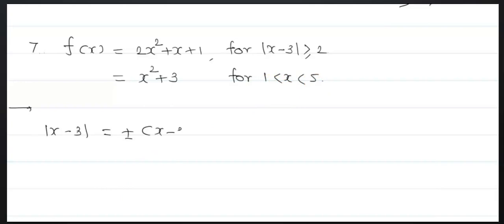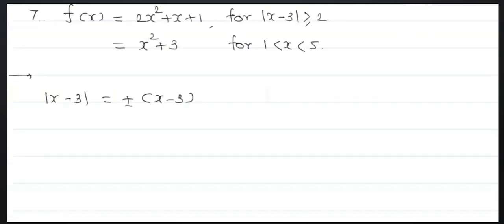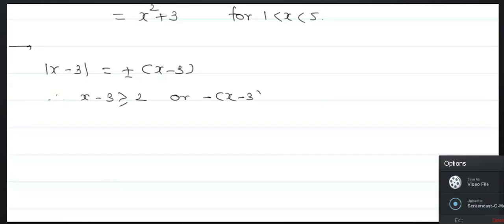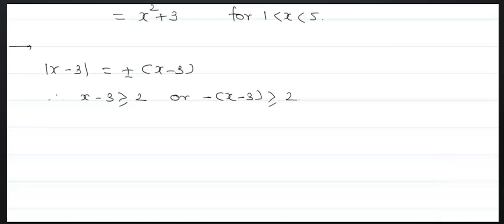Mod of (x minus 3) equals plus or minus (x minus 3). So x minus 3 is greater than or equal to 2, and if we change its sign, minus (x minus 3) is greater than or equal to 2.